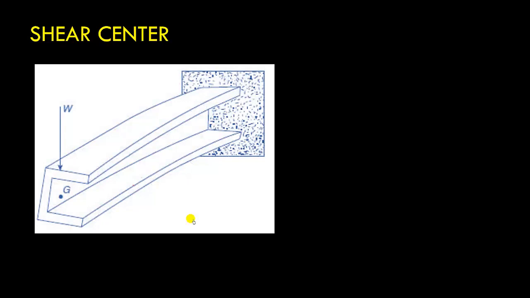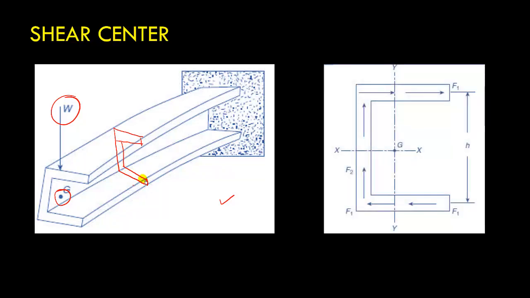So what is shear center? As I said in the previous slide, we have this channel section and there is a load W that is applied that passes through the center of gravity. Now if I consider any cross section of this channel section, for example, let us consider this section. If I cut a cross section, then it will look something like this.